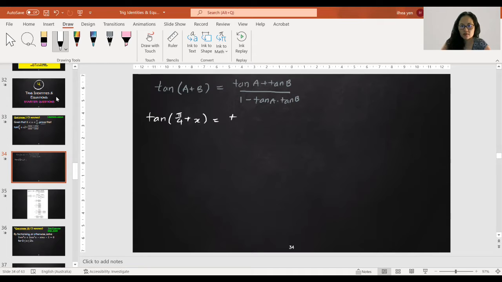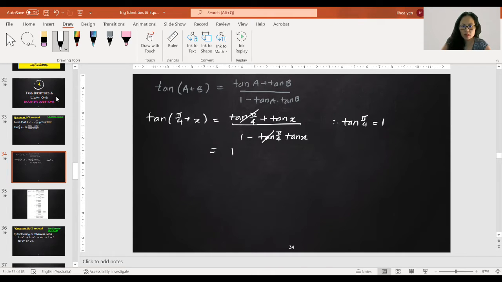Instead of a and b, I am going to just put pi on 4 and x. Using the formula, a is pi on 4, b is x: tan pi on 4 plus tan x, over 1 minus tan pi on 4 times tan x. Now, we know that tan pi on 4 is 1.